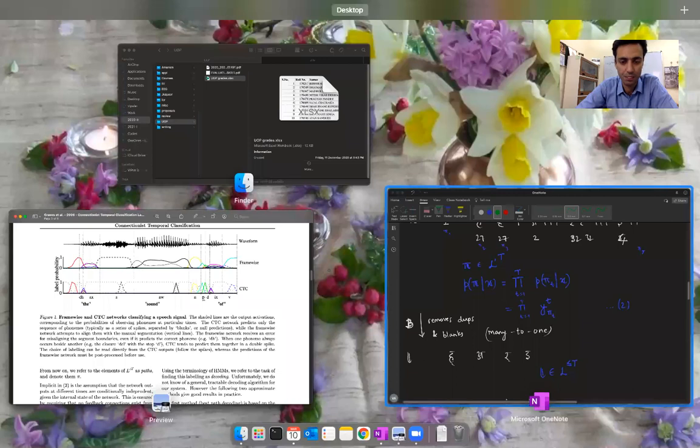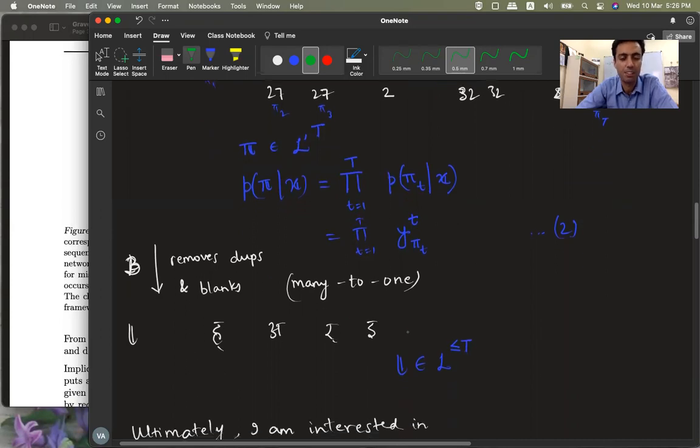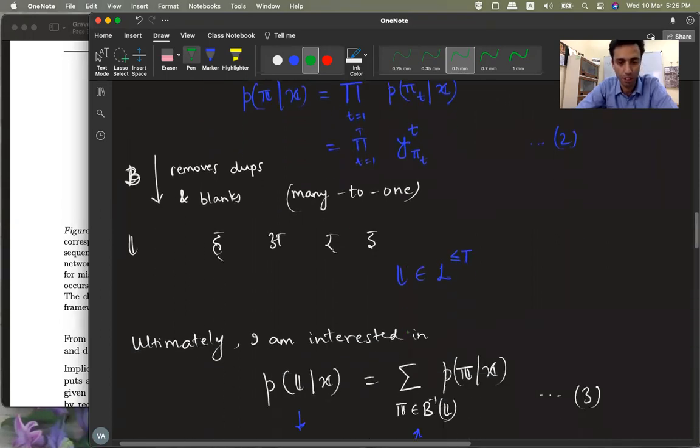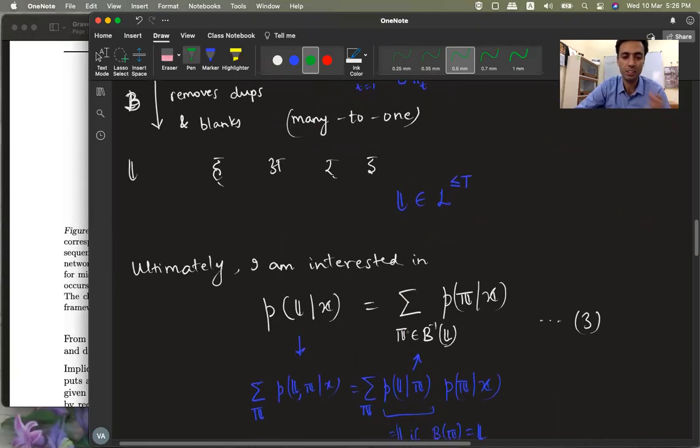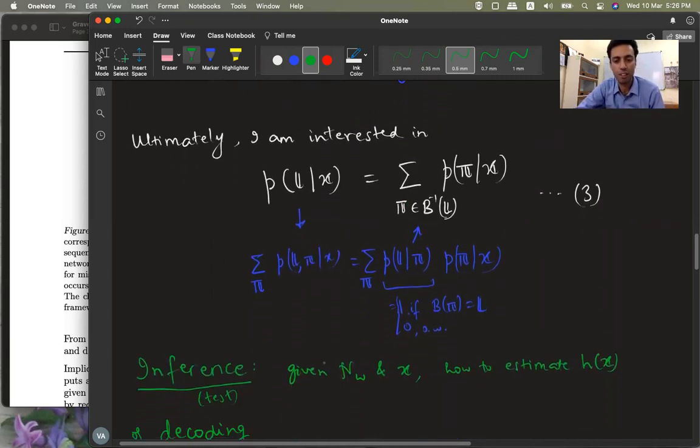Okay, and then you use your B mapping to dedupe and remove the blanks to get the final sequence of labels. This was the model, this was the h which we defined. Now the question is, how do we do the inference?